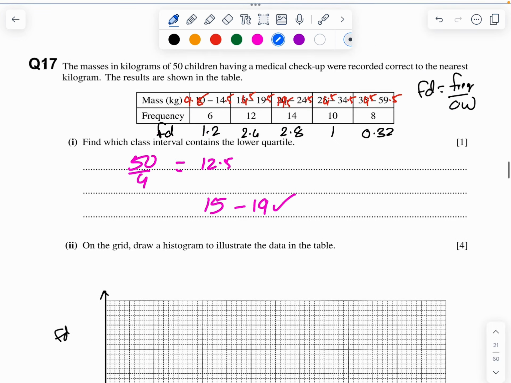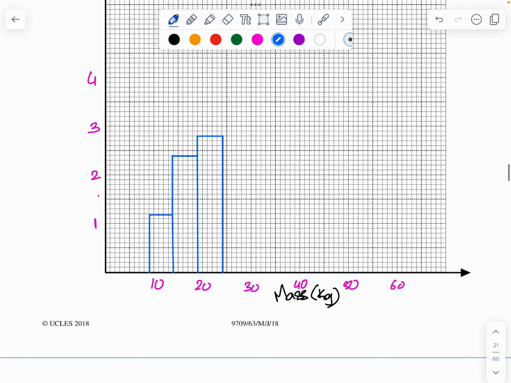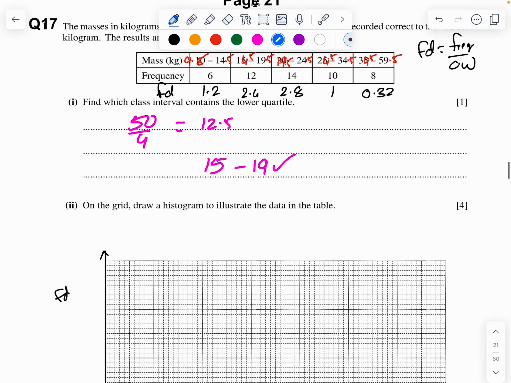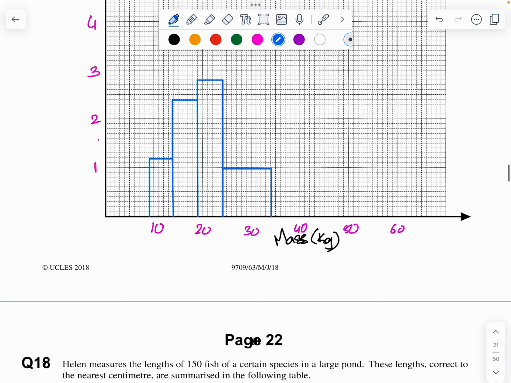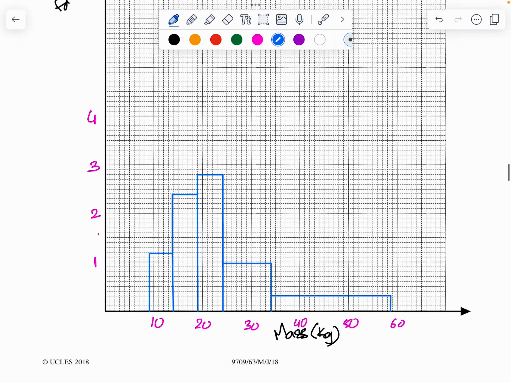Then 24.5 to 34.5 is 1. Then finally 34.5 to 59.5, 0.32. That's going to be the answer.